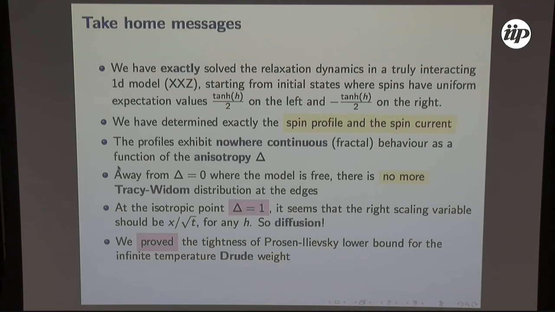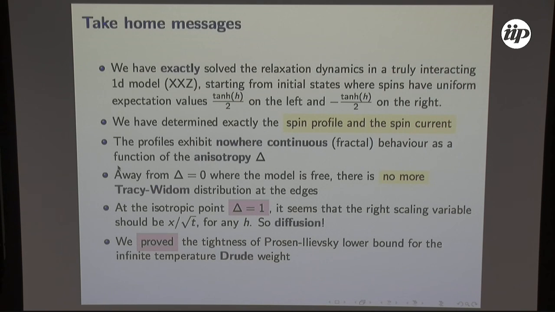So these are my conclusions. The most important, I guess, is that we can solve exactly this problem of spin transport in the XXZ spin chain from this class of states. We find that at delta equal 1 a behavior which seems to indicate pure diffusion, no more super diffusion. And there are many interesting things.